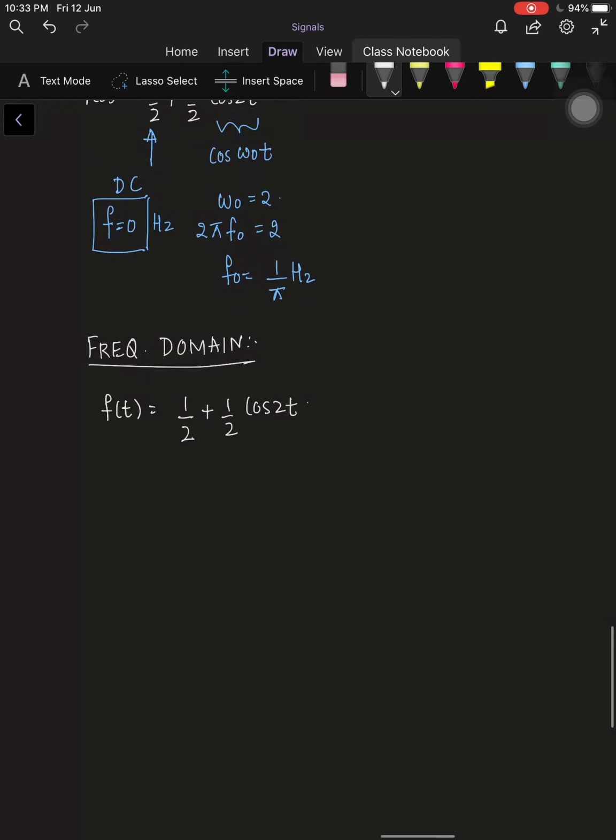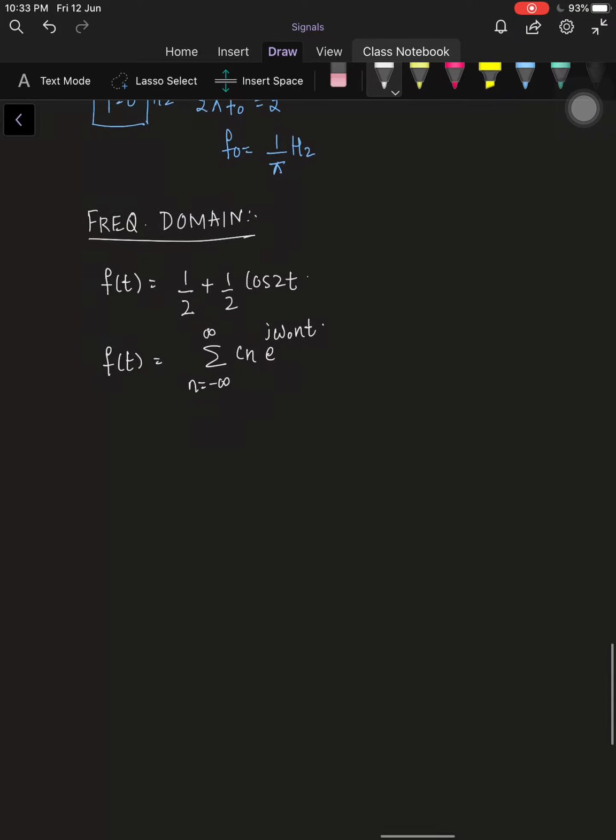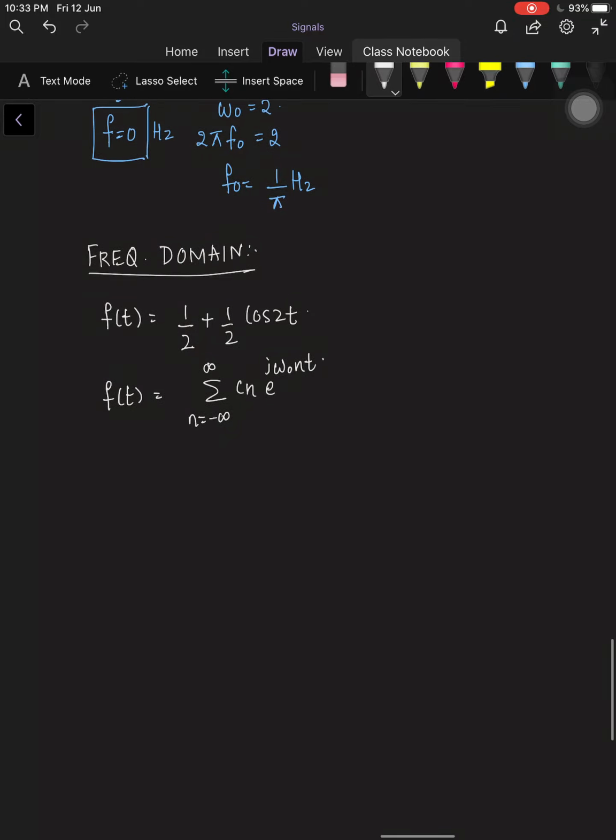Okay, now we know that this signal is also periodic, and by periodic we can say that we can express this using the Fourier coefficients. And again we already know that this represents a DC component.